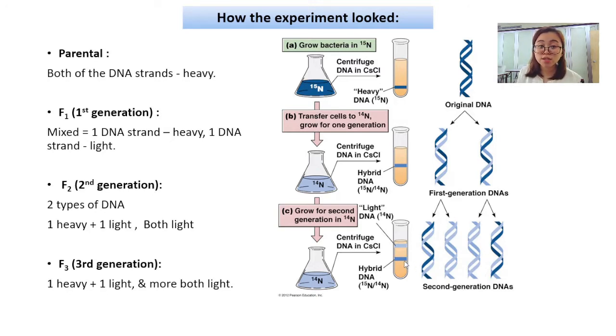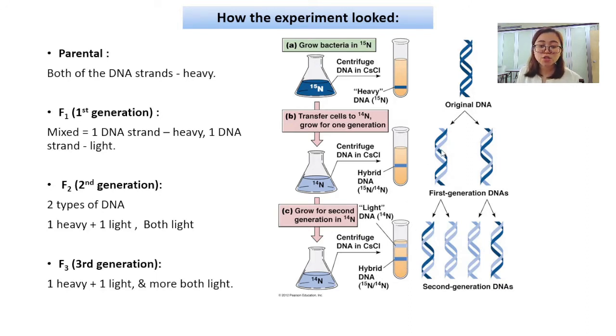So that's why when you centrifuge it, you're going to get the hybrid DNA, which is in the middle, and the new light DNA on top. And if you let it grow another time, you will have more layers that are very light, that are high, very light blue, and less layers that are hybrid or in the middle of the test tube.